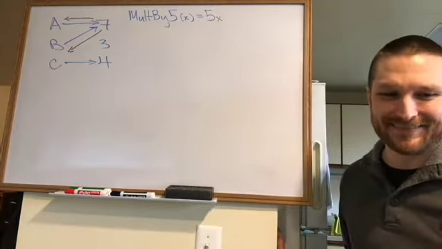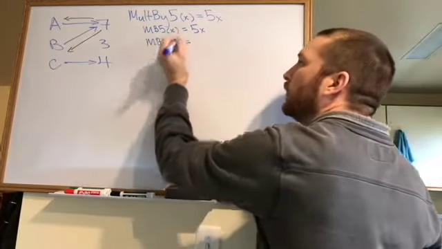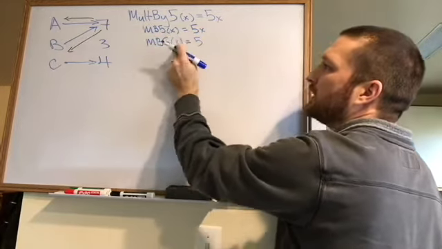So let's do a couple values. Multiply by 5 of 1 would be, well, wherever I see an x, I just replace it with that number right there. So I take 5 times 1 and I get out a 5. Multiply by 5 of 2 is 5 times 2, and that's 10.